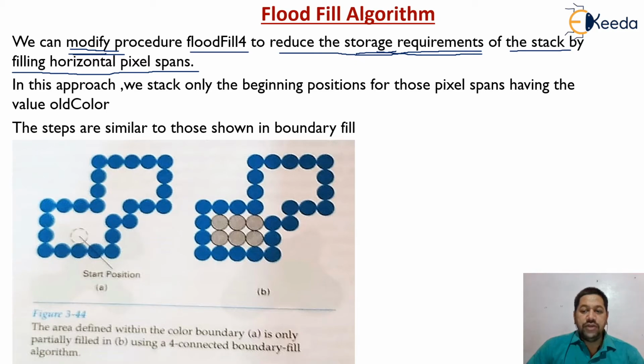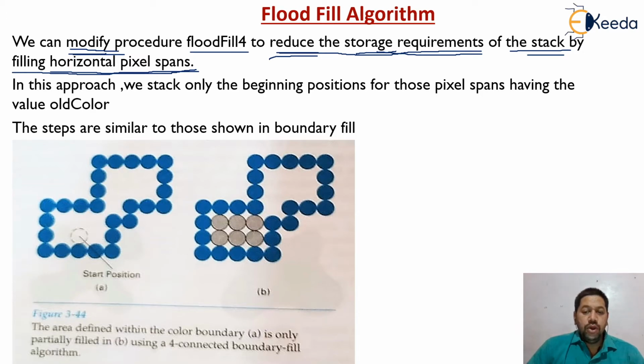If we go on filling the horizontal pixel span first, then the storage requirement of the stack will be reduced, and even though the object size is large, we will not get a stack overflow error. My stack storage will be reduced, so there is no possibility of the stack overflow error. The stack will not overflow because the requirement is reduced.